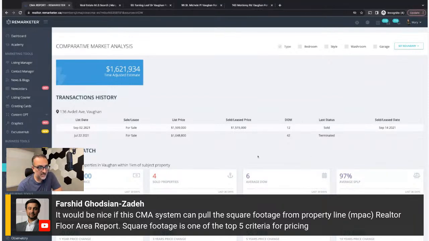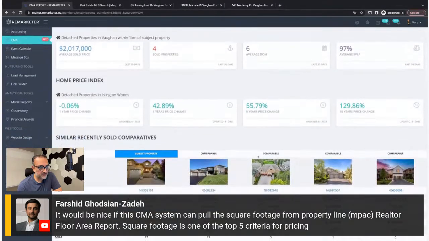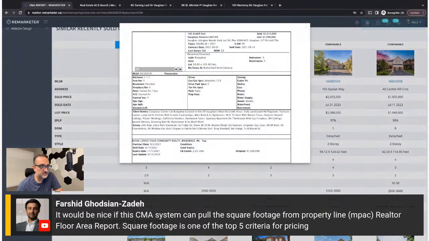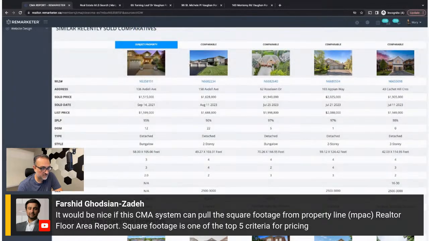However, what we have here is, once you click on the link, you have all the MLS data that's available. So we have the size here. This one hasn't been put in, but this one is 2,500 to 3,000, 2,500 to 3,000, 2,500 to 3,000.